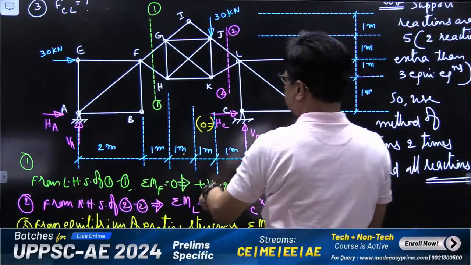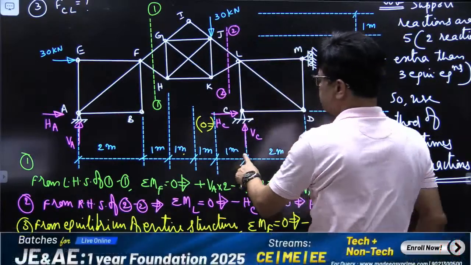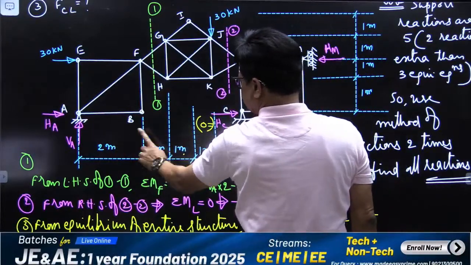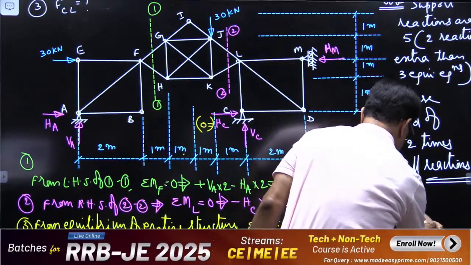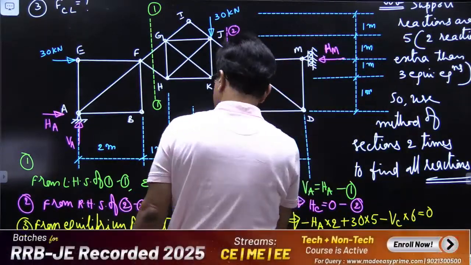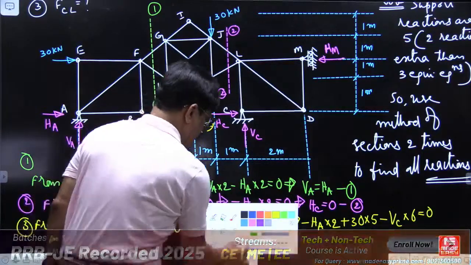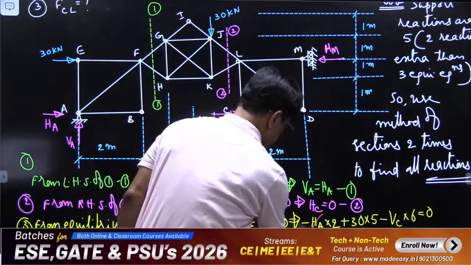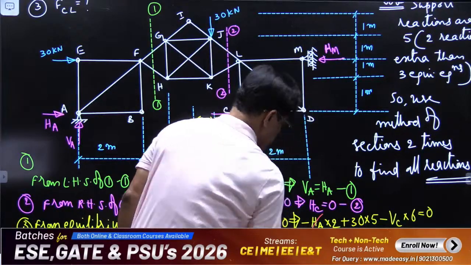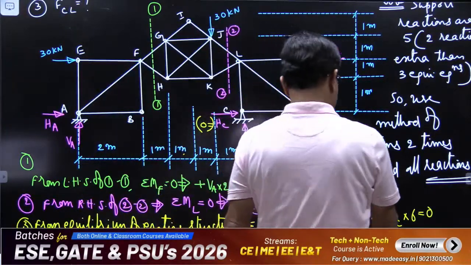Next, HC anyhow we found 0, HM is 0, minus VC into 2, 3, 4, 5, 6. Now HA we already found that it is VA. HA is nothing but VA itself.